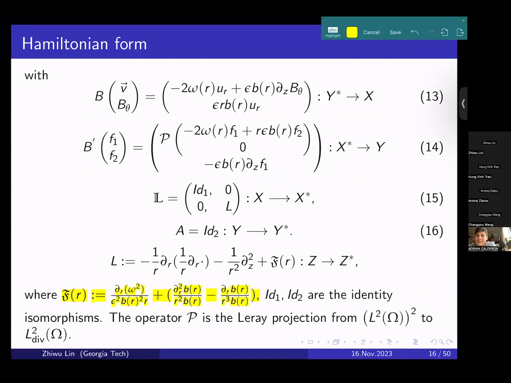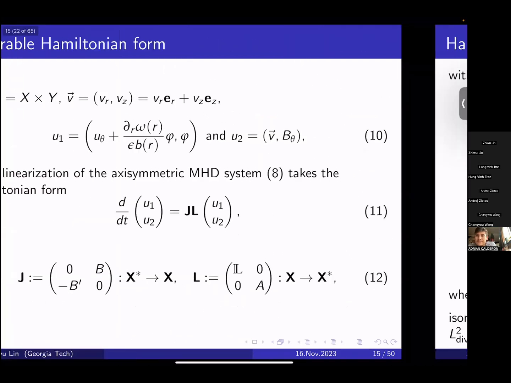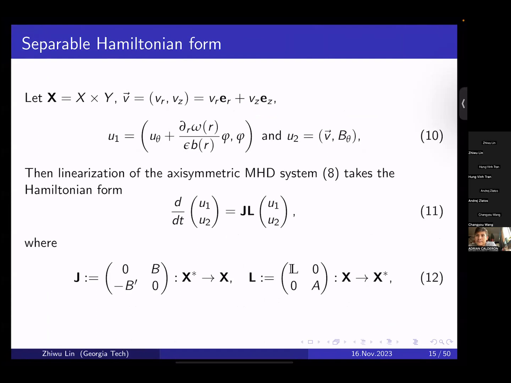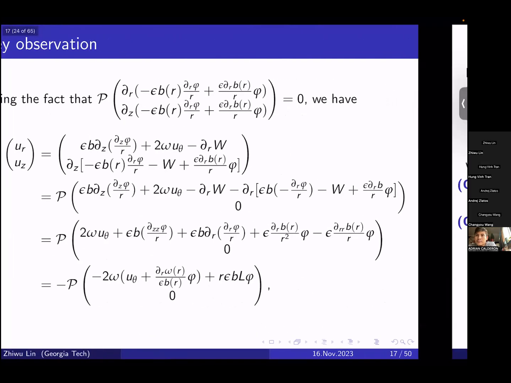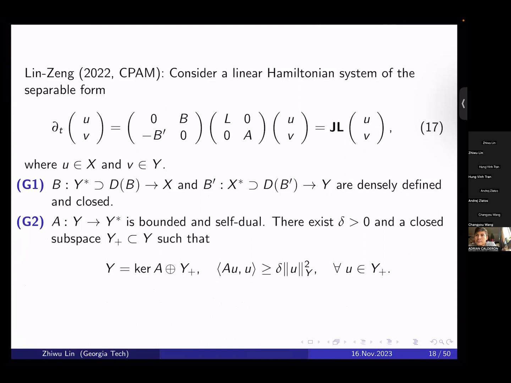Now after we introduce this Hamiltonian structure, let me introduce a pretty general theory for this kind of separable Hamiltonian system. This is studied in another paper I wrote with my colleague Chun Zhang.